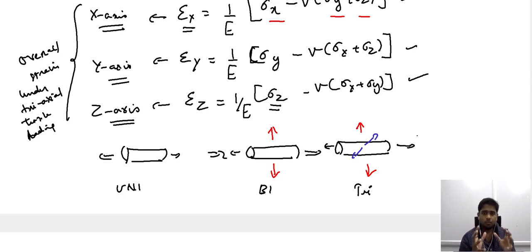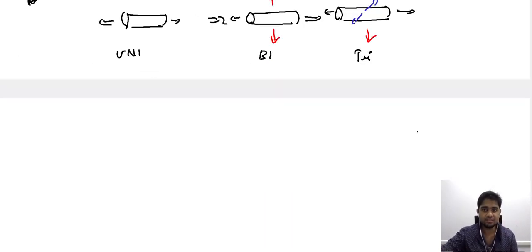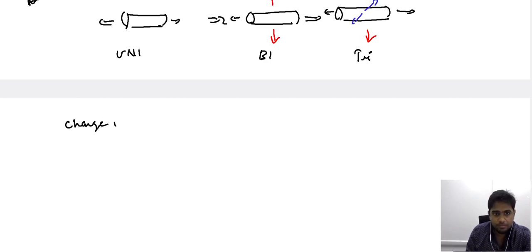When we want to render a complete description of the response offered by the material in a holistic manner, not just along a specific direction, but how the overall sample changes or responds to the loading condition, then we need to consider the change in the overall volume of the sample.